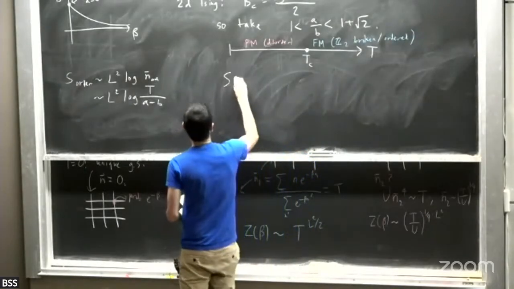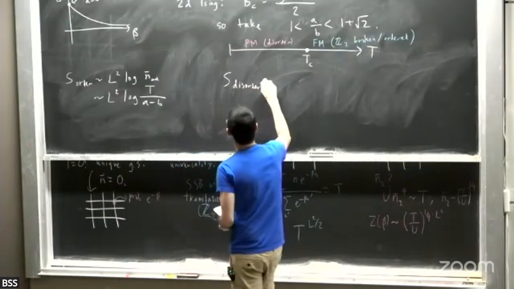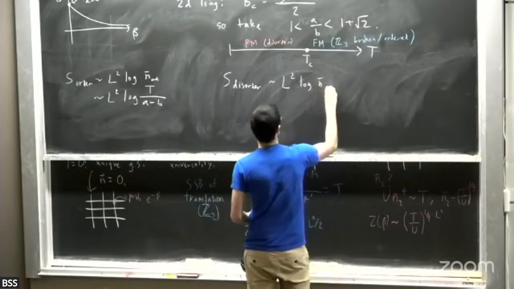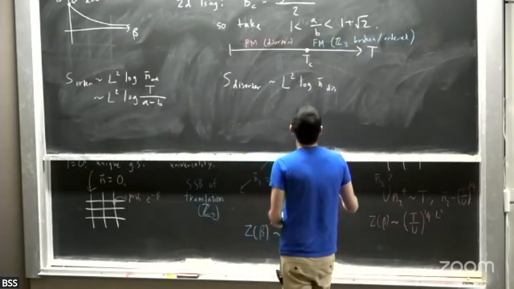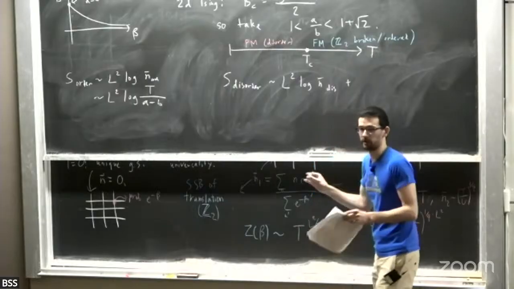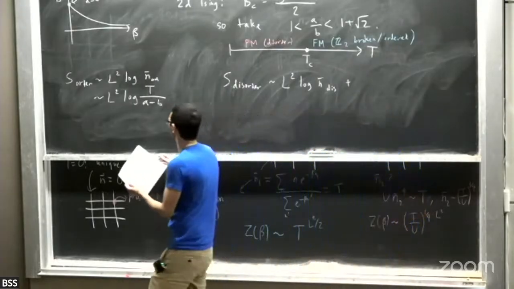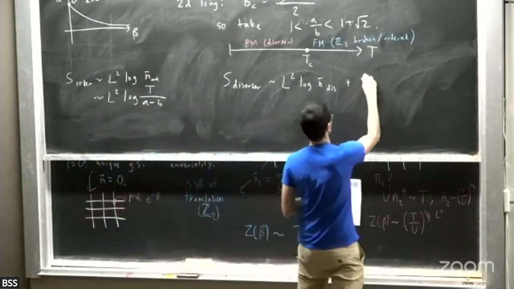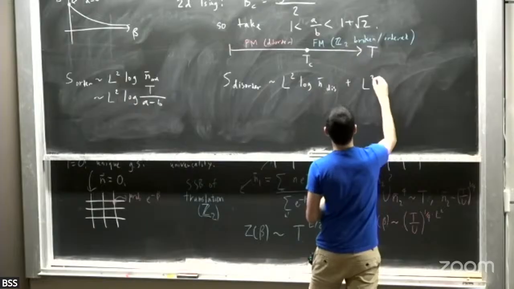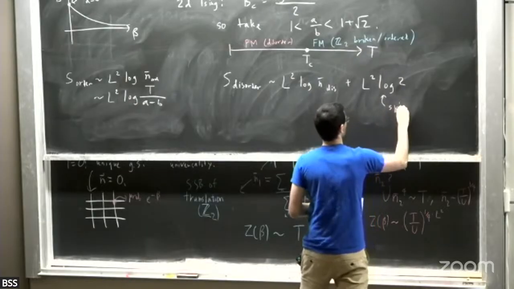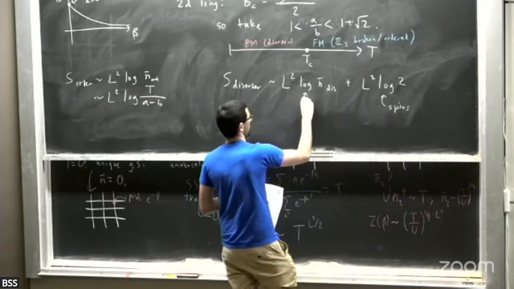In the disordered phase, in contrast, we have L squared log of n bar, but we also get this configurational entropy. We're not restricted. We have spin fluctuations that have a much higher entropy. So being very sloppy about it, we could say we get extra spin fluctuation entropy.